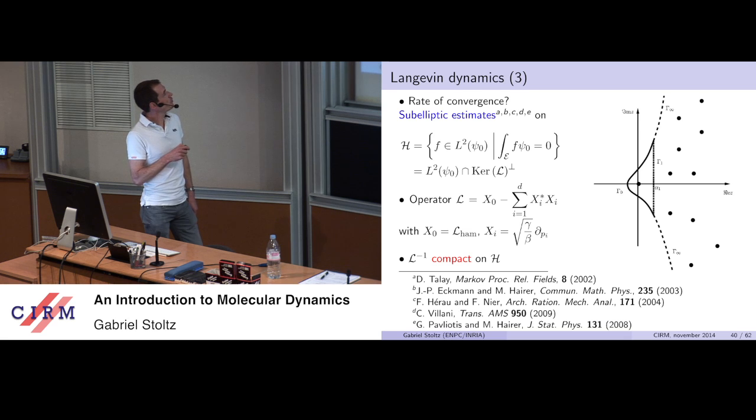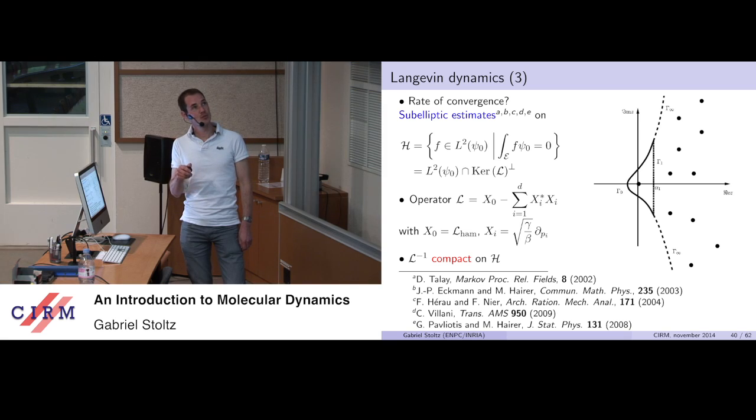So the typical framework for that would be to work on L2 spaces weighted by the invariant measure, exponential minus beta H. And so using those kind of results, you can conclude that you've got some exponential decay, and that the generator has a compact resolvent on the orthogonal of its kernel.